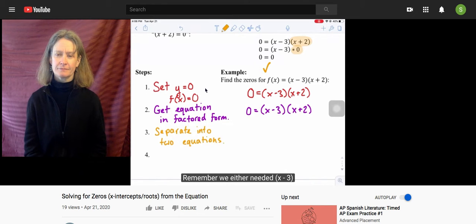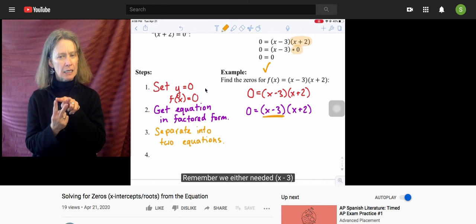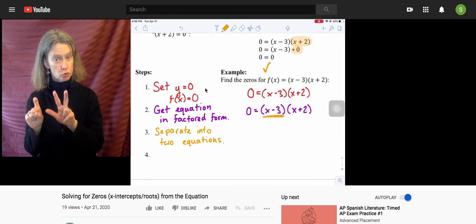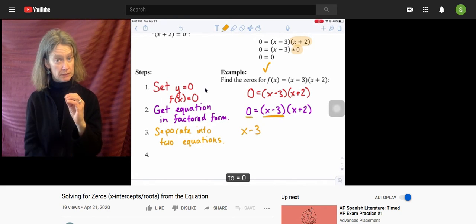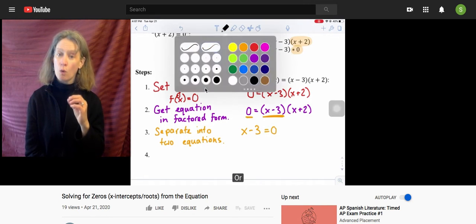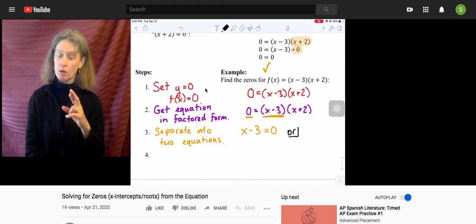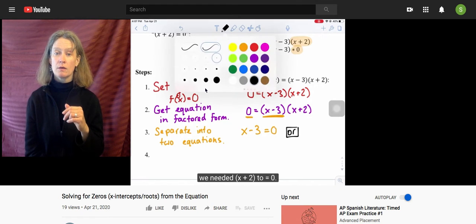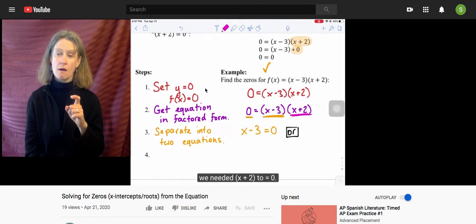Remember, we either needed x minus 3 to equal 0, or we needed x plus 2 to equal 0.